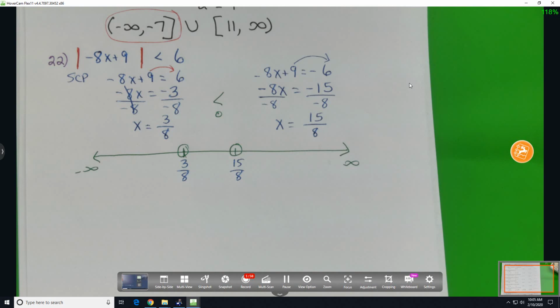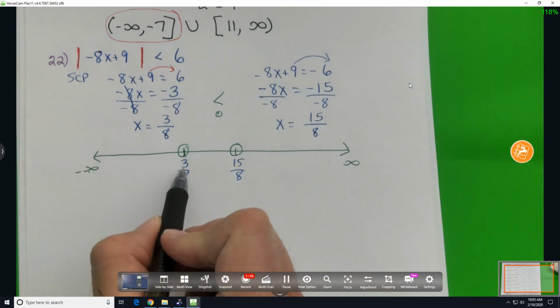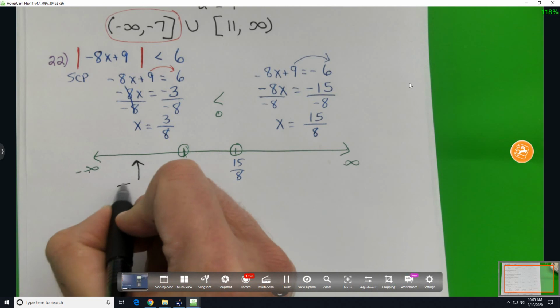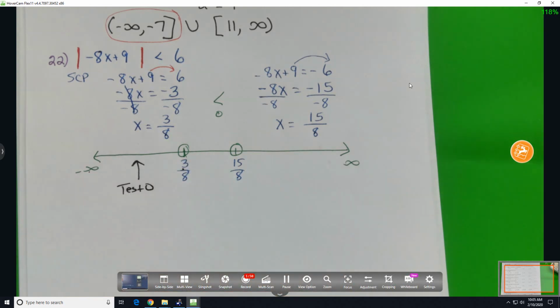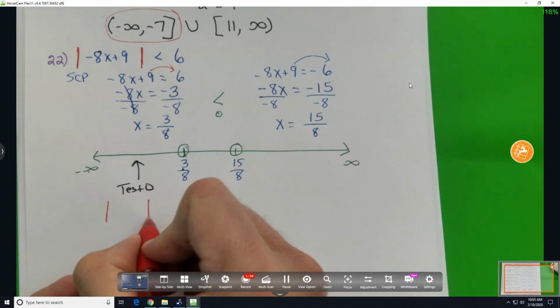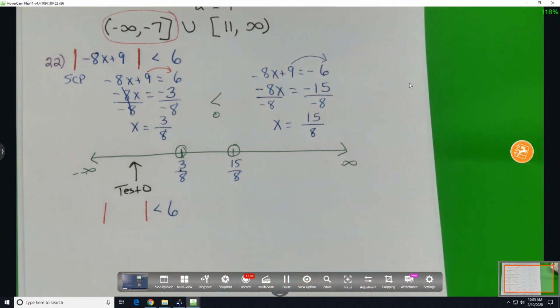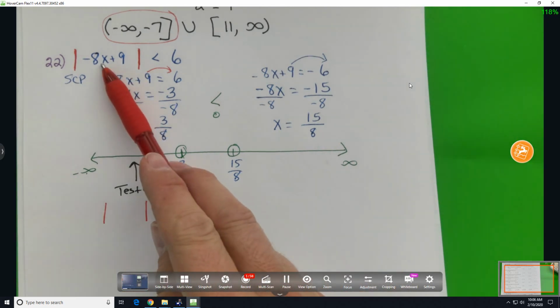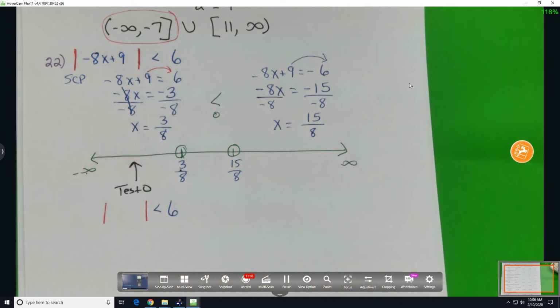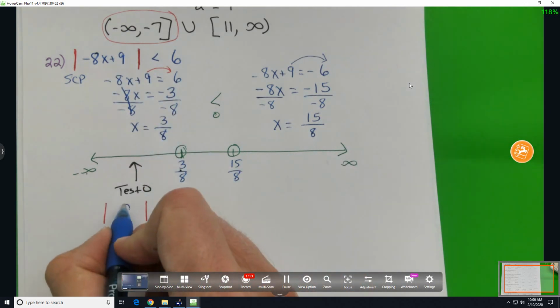If we're going to test 0, where would 0 lie? It's sort of significant which interval you're testing, because that's the one you start with in labeling true or false. So 0 is always between negative and positive. Testing 0 by plugging it into the original problem: negative 8 times 0 is 0, plus 9 is just a 9.